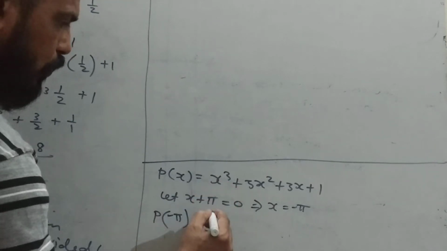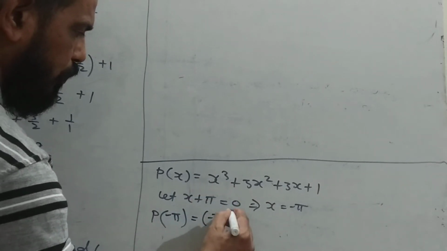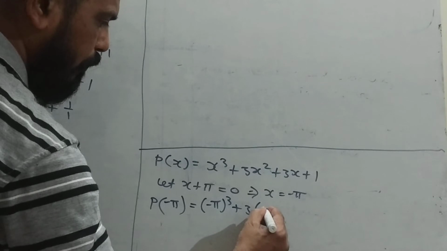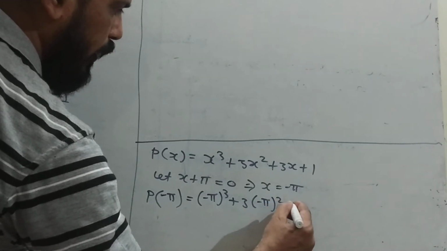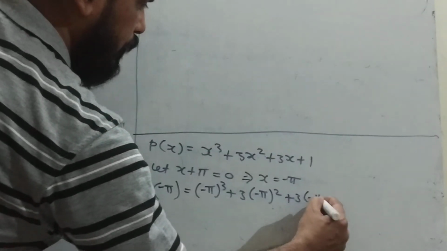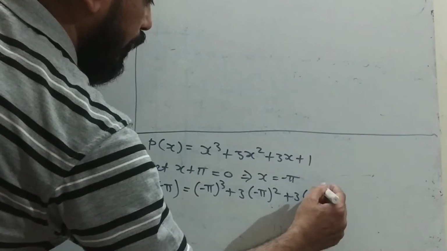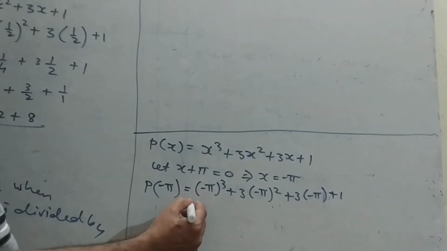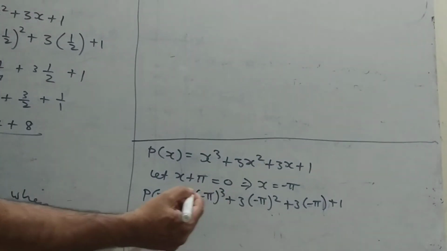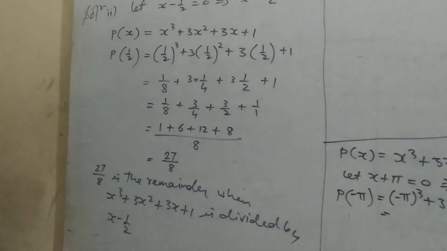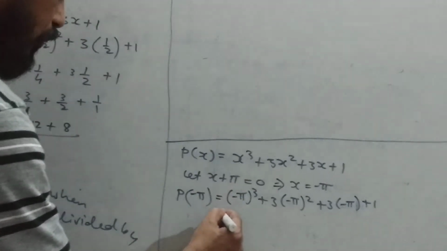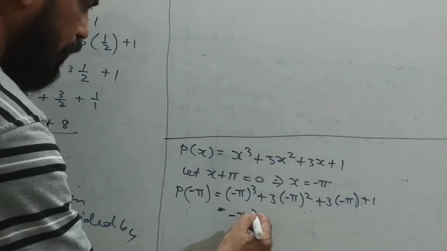Now we have (minus pi) cube plus 3 (minus pi) square plus 3 (minus pi) plus 1. Minus pi cube, this is a minus sign; minus cube will be minus pi cube.